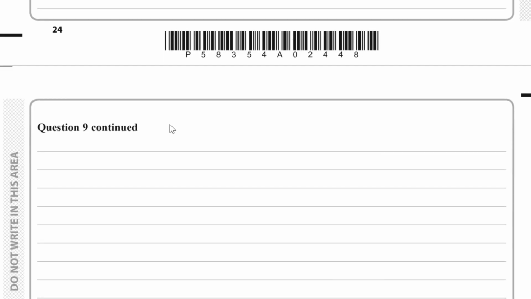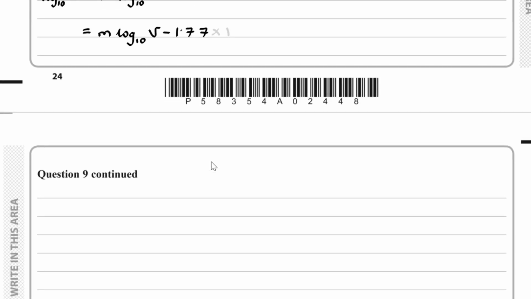And 1, that's the same as log base 10 of 10. So here we have m log base 10 of v minus 1.77 times by log base 10 of 10. So hopefully you can see the link between those.